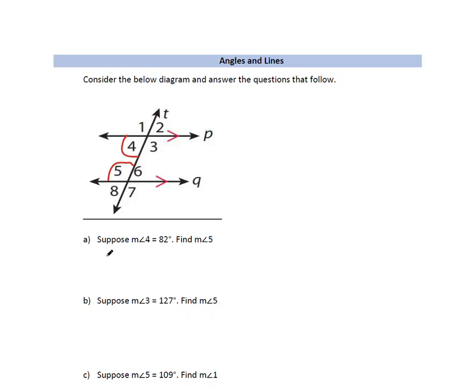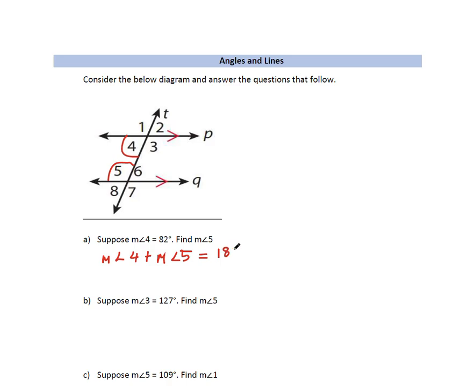And what do we know about same side interior angles? Same side interior angles add to 180 degrees. So this means that the measurement of angle 4 plus the measurement of angle 5 should equal 180 degrees.